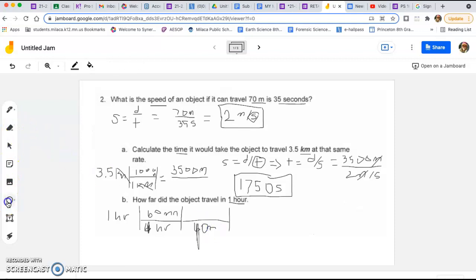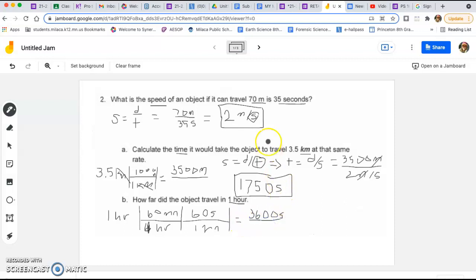Sorry, it's getting a little sloppy. So now once we multiply it, 60 times 60 is 3,600 seconds. Okay, so in 1 hour there's 3,600 seconds.